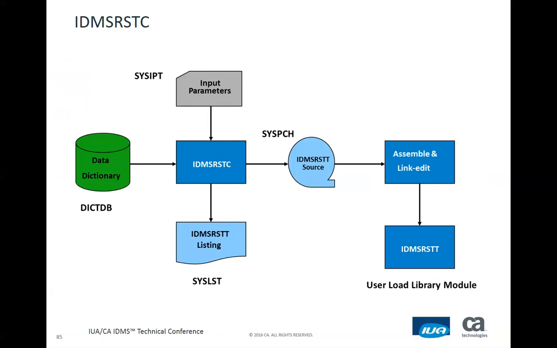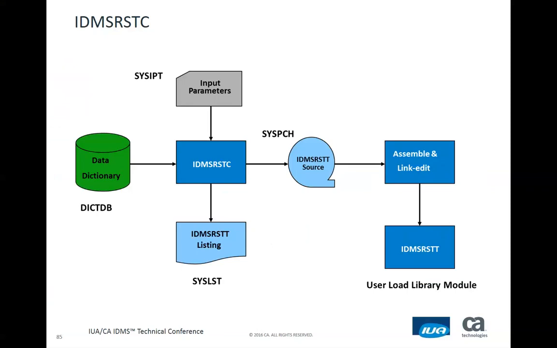That table is built with a number of assembler macros, and I know a lot of people may not be familiar with assembler languages. So we have a utility called IDMS RSTC that will go through and create this table for you. It does this by comparing the old and the new schema definitions.